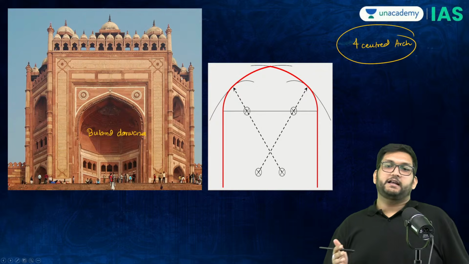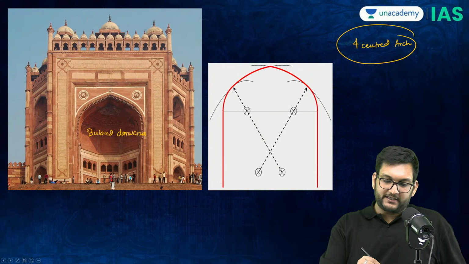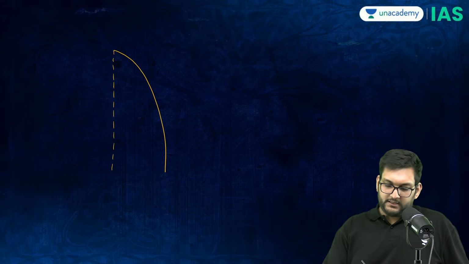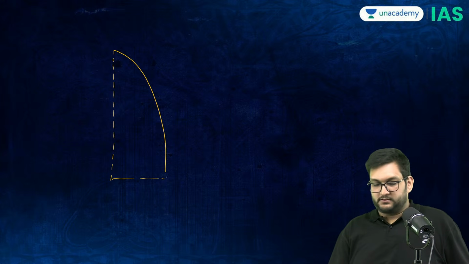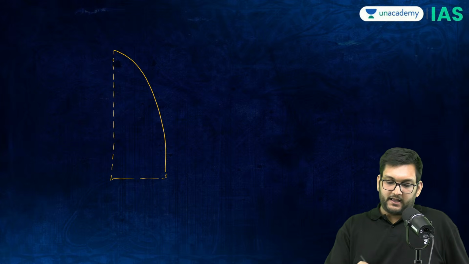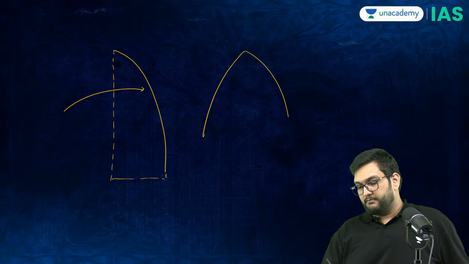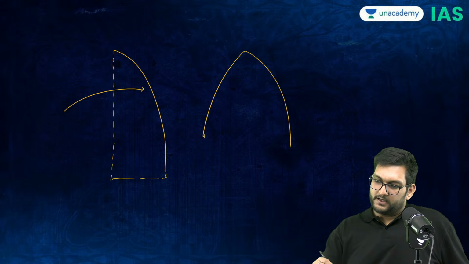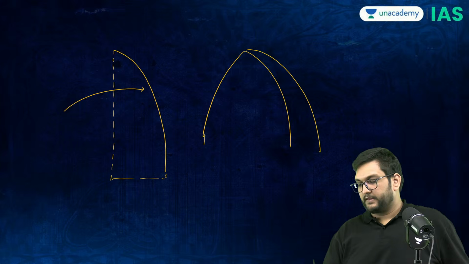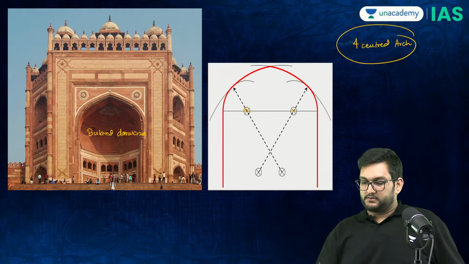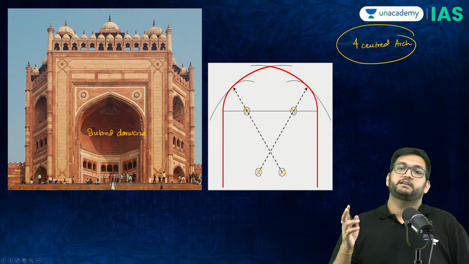The four centered arch means that there's a certain depth to the arch, which is made with a certain depth, and the weight is distributed at 4 points. That's why it's called four centered arch.